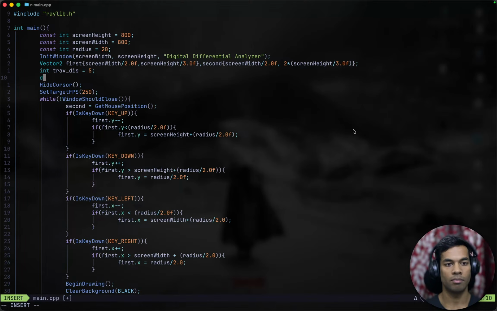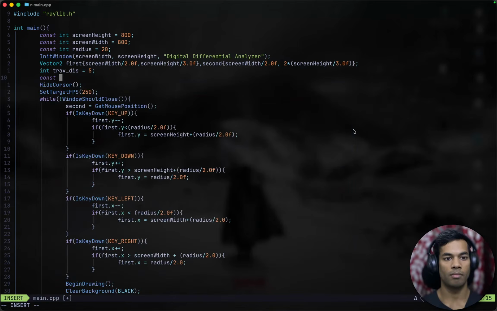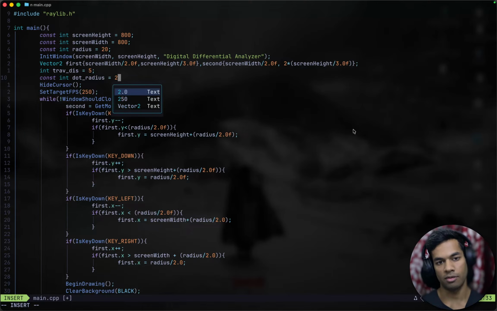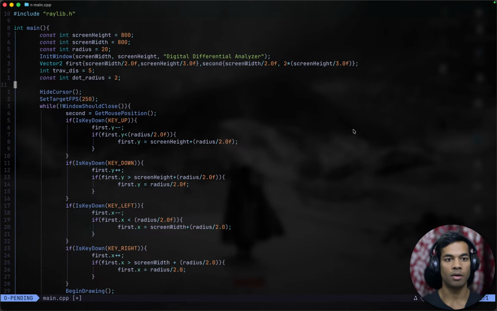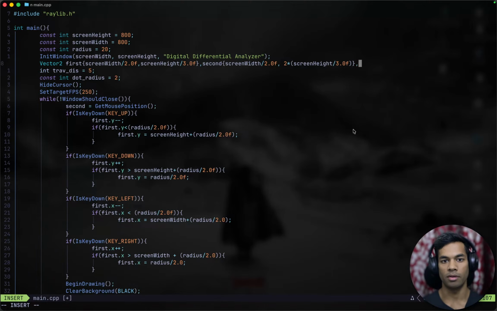And a dot constant radius, let's say 2 pixels.